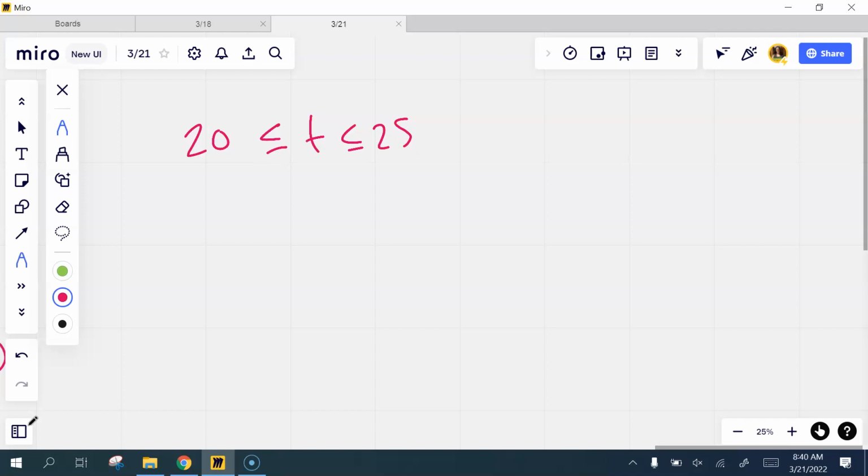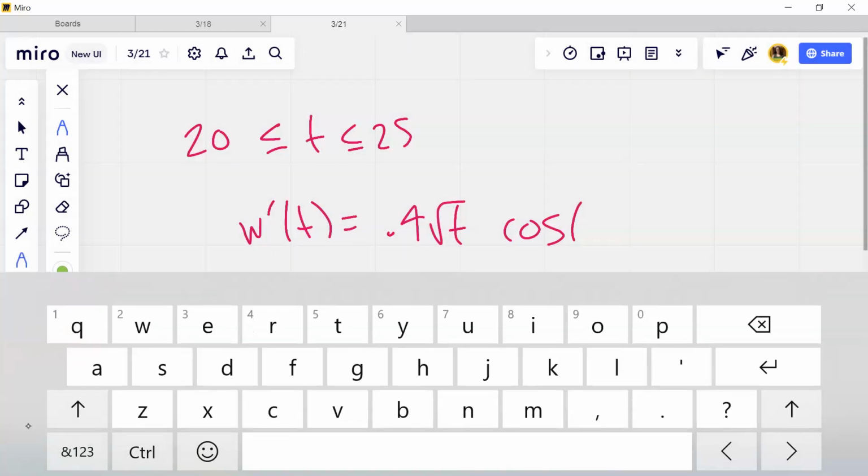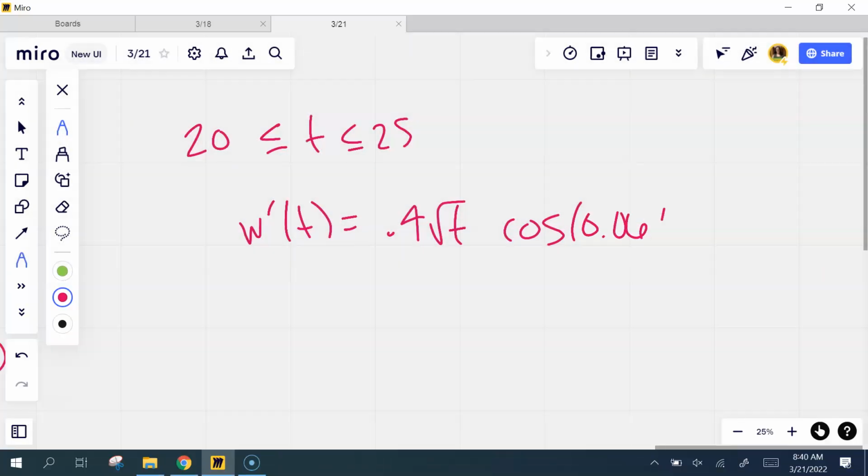So it wants to know if the derivative here. So W of 25 is going to go from 20 to 25 on this one.